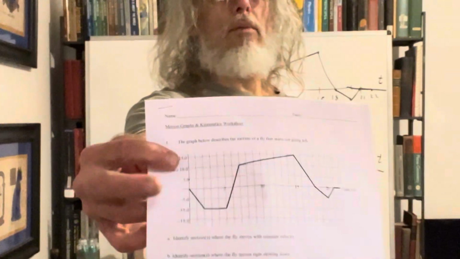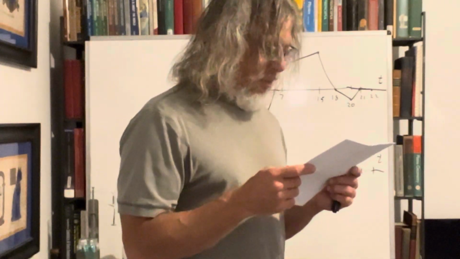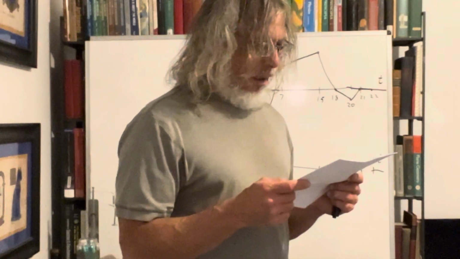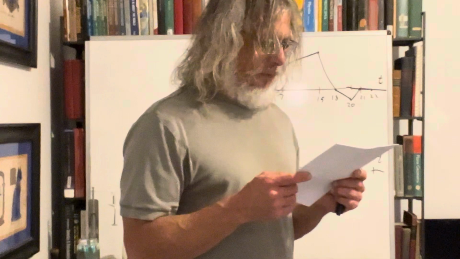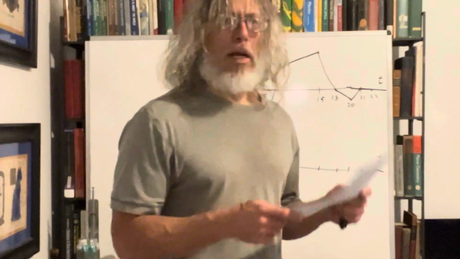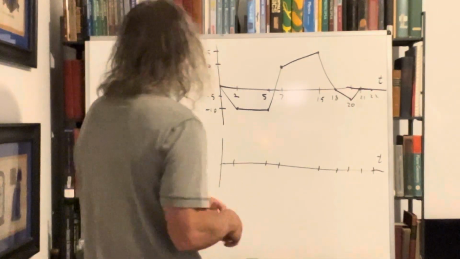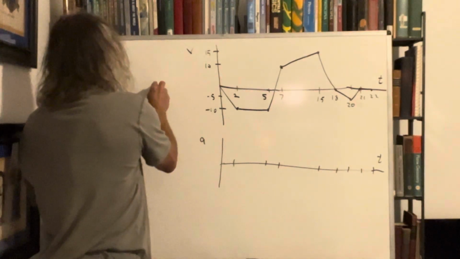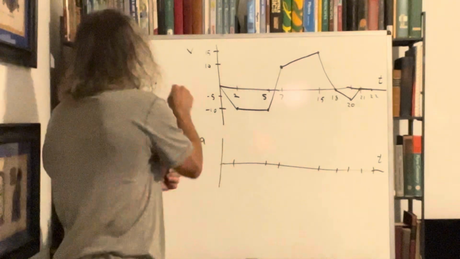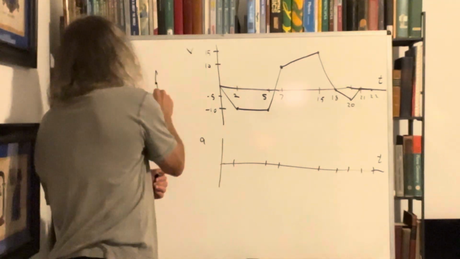So, velocity positive, velocity negative. That means velocity going one way, velocity going the other. Usually, positive is to the right, negative is to the left. And that's what it says. The graph below describes the motion of a fly that starts out going left, negative velocity. Just like with gravitational stuff, up is positive, down is negative.